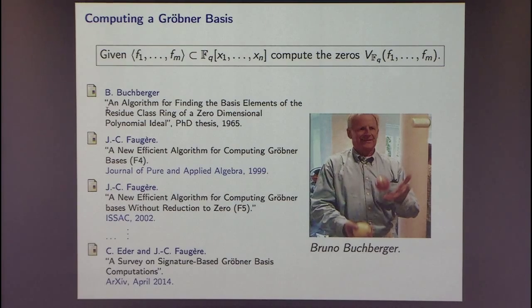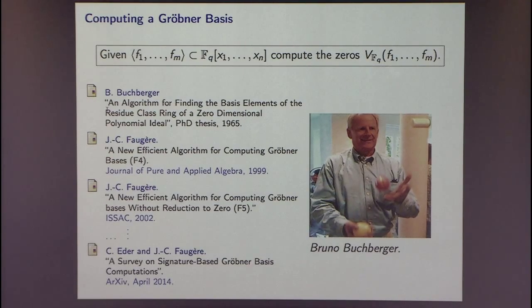When you have a lot of equations, you do linearization, and in general, you can compute a Gröbner basis. A Gröbner basis is a special generator set of your polynomial ideal, which will allow you to compute the set of solutions. So once you have a Gröbner basis, then you can compute the variety associated to your ideal. So we have an algorithm for doing this.